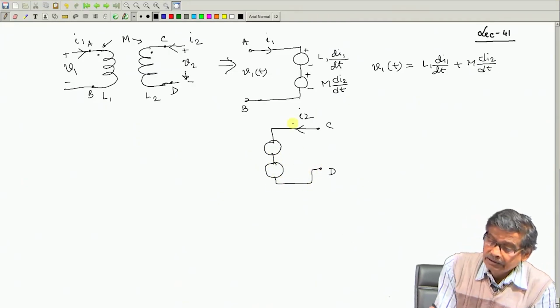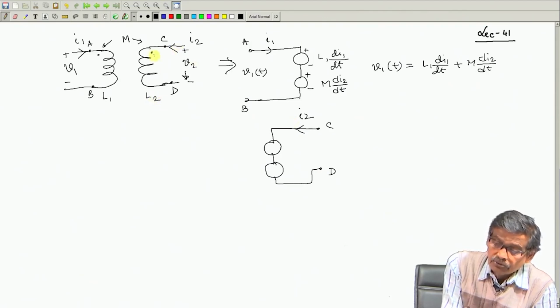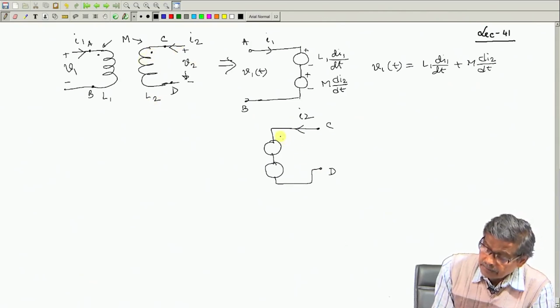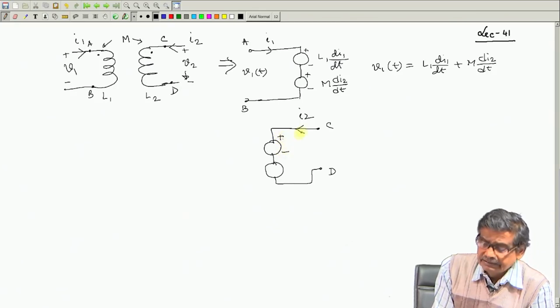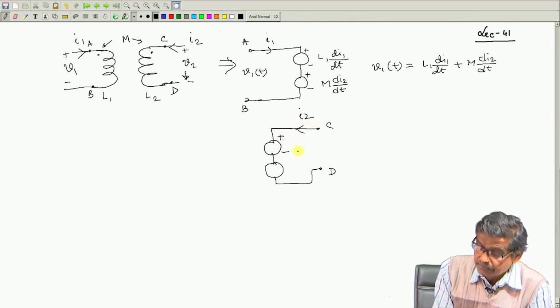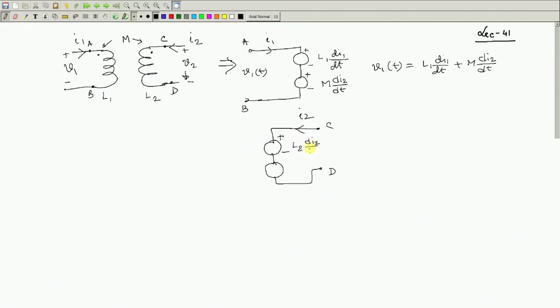For L2, wherever the current is entering becomes plus, giving self inductance L2 dI2/dt. But the first coil is also carrying current, so there will be another EMF M dI1/dt here, and through the dot the current is entering, so the dot side, towards C, becomes plus, and the other side minus.